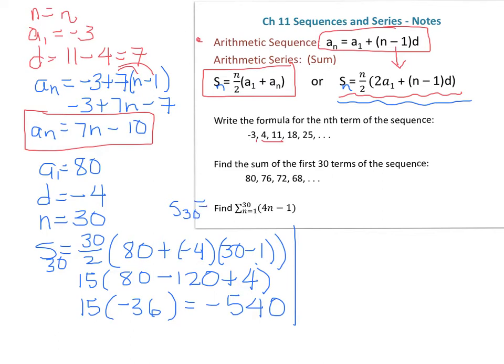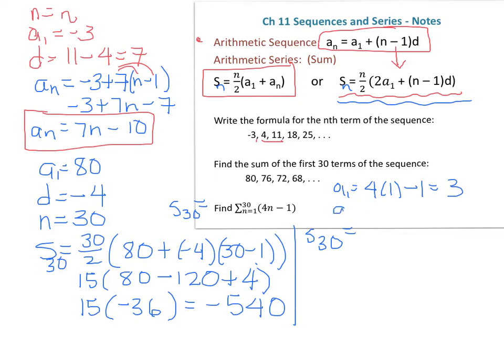So the way to do this, we know this is arithmetic because there's a plus or a minus in it. So to find S sub 30, we are going to use the first formula, but we need to know what a sub 1 is. So you find a sub 1 by plugging in 1. So we have 4 times 1 minus 1. That's going to give me 3.